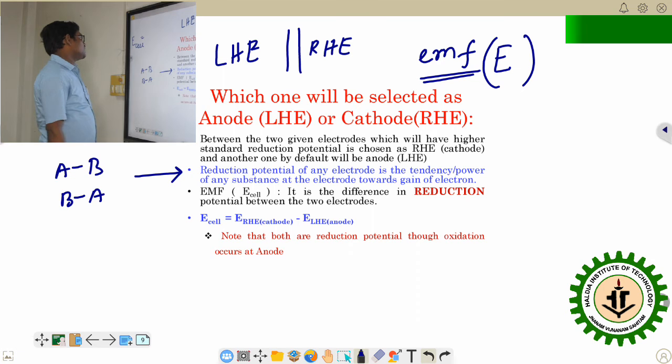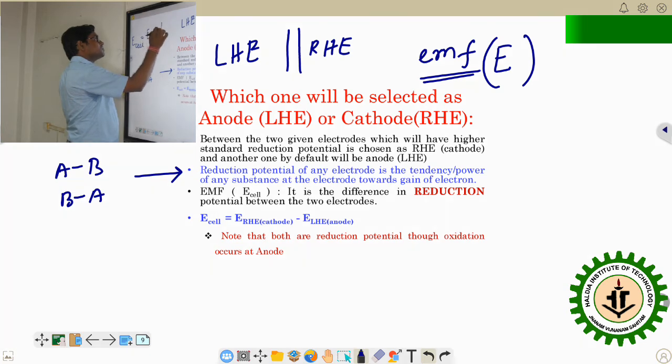Again there is a convention which comes into play. By convention we take the potential of the right hand electrode minus that of the left hand electrode, not left hand minus right hand. By mathematics A minus B and B minus A are both differences, but as per our convention we take the potential of the right hand electrode first, followed by the left hand electrode.